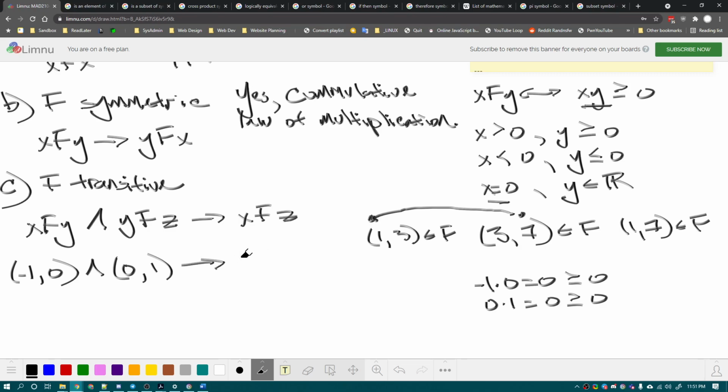However, is negative 1, 1 in the relation? Well, negative 1 times 1 is equal to negative 1, which is not greater than or equal to 0.